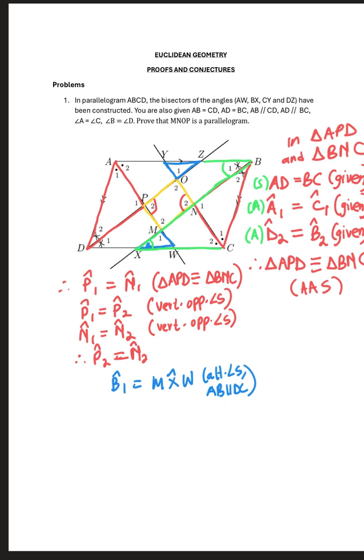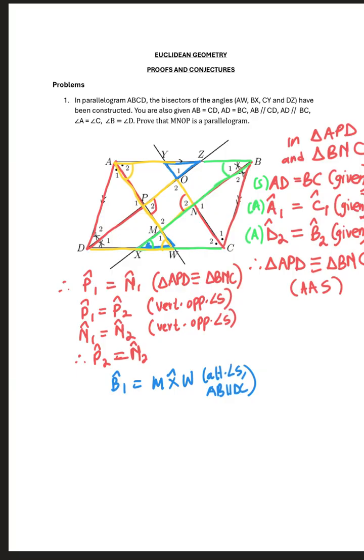And then we see another Z shape, right? Another Z shape that we see is this one. Angle A2 is equal to this angle right here.